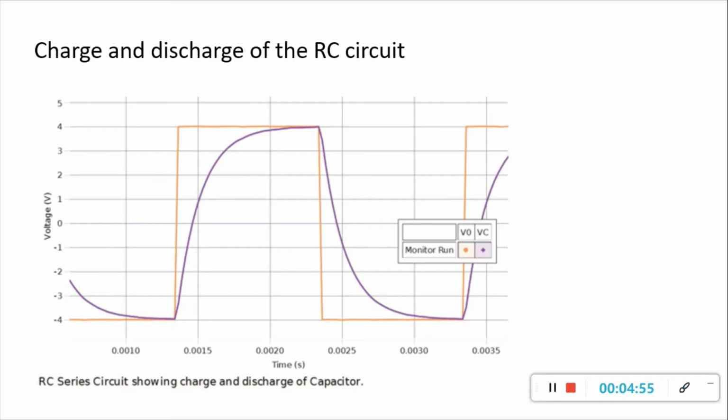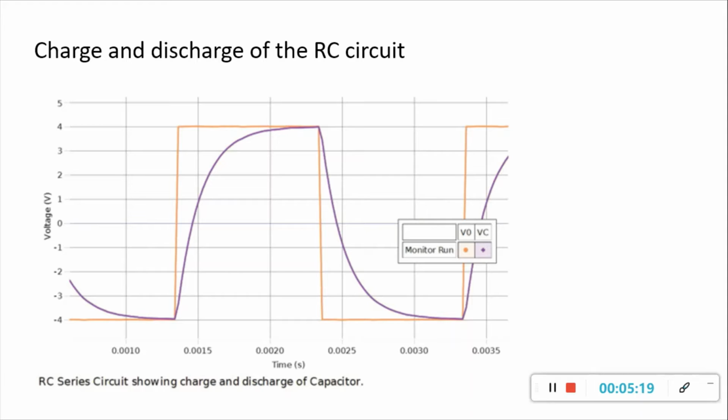And if we now turn off the power supply, the voltage across the capacitor will also decrease, and it will decay to its initial value also in a certain amount of time.